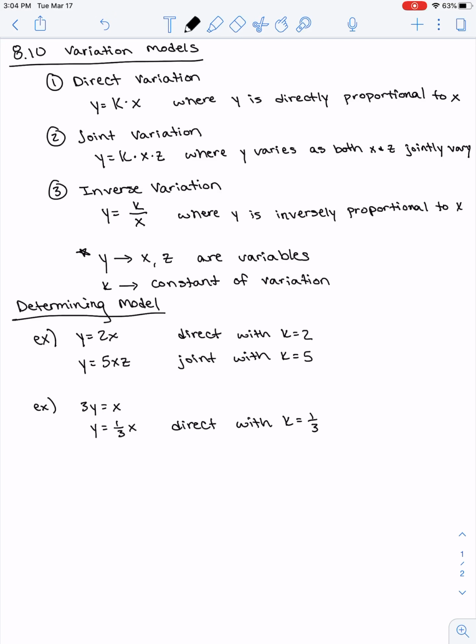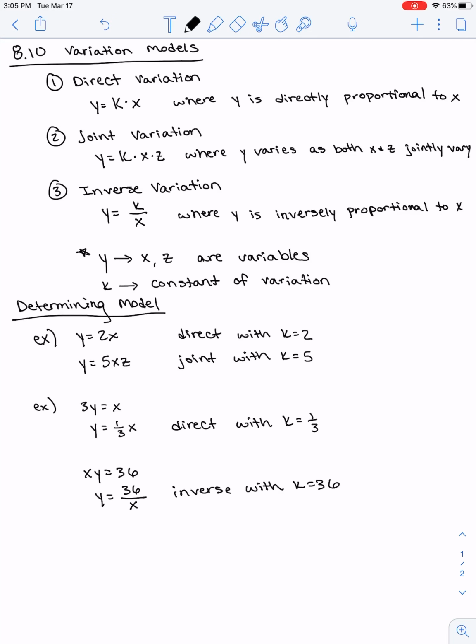So it's very, very important that you're always solving for y for these. If I said, for example, x times y is equal to 36, you would need to divide by x to solve for y. So 36 over x. And you would then see that this is an inverse variation model with k equal to 36.